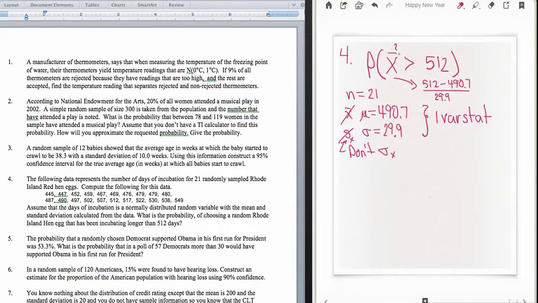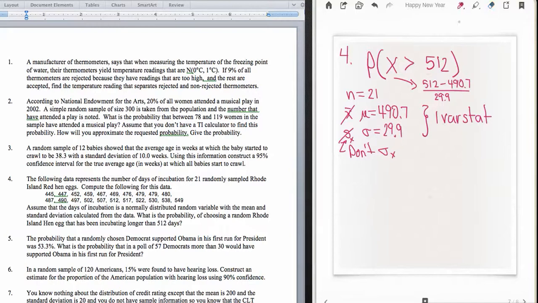And so I need to question that. So if I go back over here to the questions and I say, what is the probability of choosing a random Rhode Island hen? So if it's a random, right, a single one, then it's not this. So this is not the case. So this is simply just dividing by 29.9.